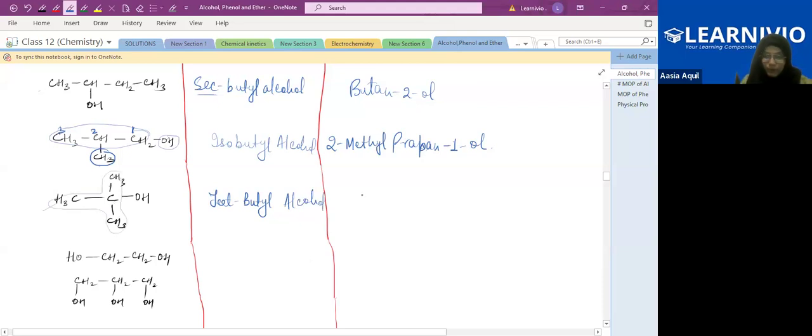And what is the IUPAC name? 2-methyl, 2-methylpropan-2-ol. Yes, very good. You will take this as a parent chain, 1, 2, 3. 2-methylpropane-2-ol.